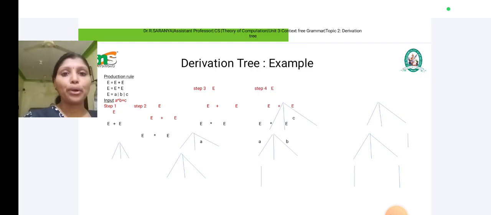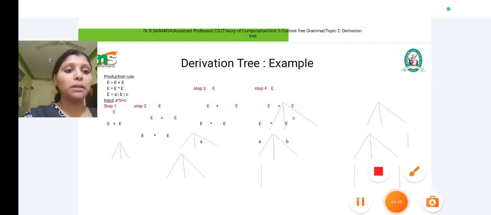So in this way we are going to calculate the derivation tree in order to generate the possible patterns of strings.